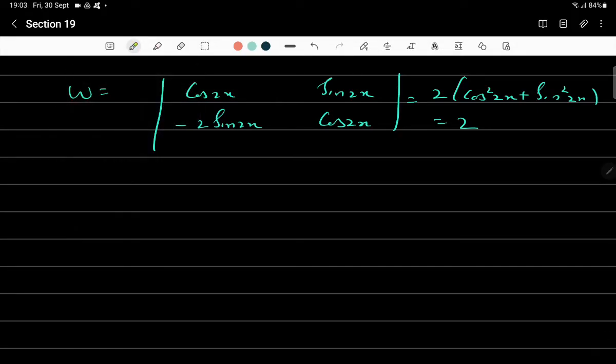Now recall the formula of v1, which is the integral of -y2 r by W, where y2 is sin 2x, r is given as tan 2x, and W is 2. This is dx.